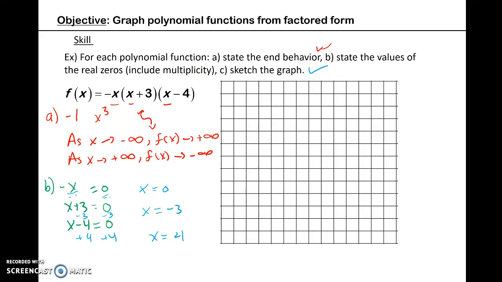So I'm going to draw my x and y axis, and let's make it purple, just so you can see. Here's my y-axis, here's my x-axis, and sorry I can't increase the thickness on my pen, so that's what we're working with.